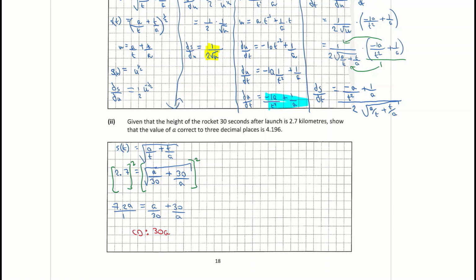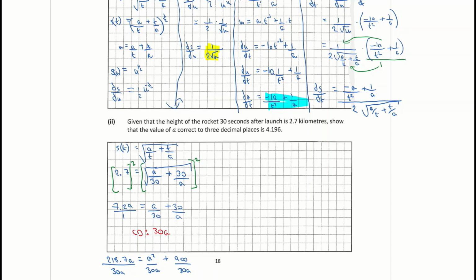So multiplying across now by my common denominator is giving me 7.29 by 30a is 218.7a. When I multiply the a over 30 by the 30a, that's giving me a squared over 30a. And then the 30 over a, I just need to multiply it by the 30, which is 900 over 30a, my common denominator.